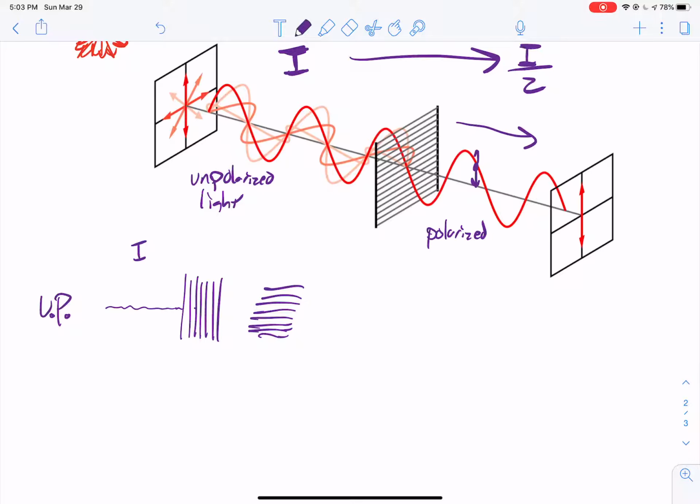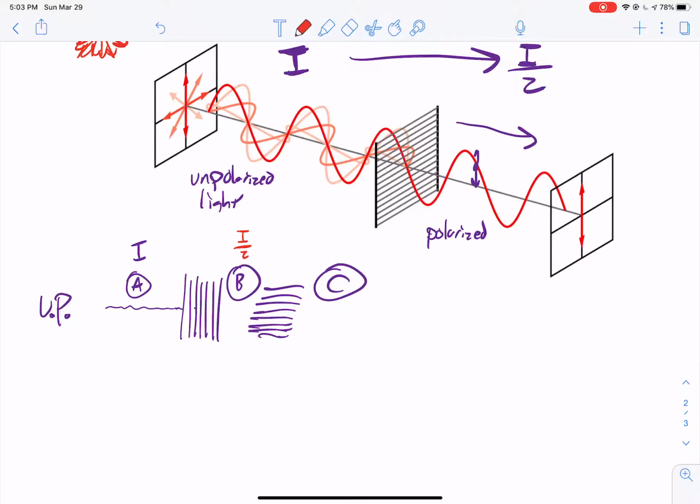We start with intensity I. First question is, what is the intensity at position A, position B, position C? At position A, the intensity is I. What would the intensity be at position B? Well, hopefully you said any unpolarized light going to a polarizer of any sort, the intensity is going to be I/2. So now we have intensity I/2.